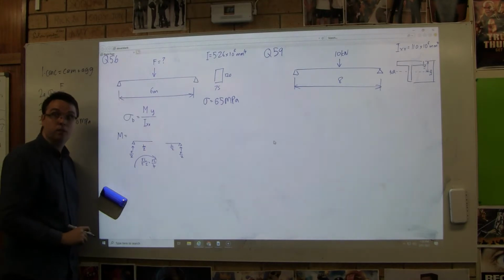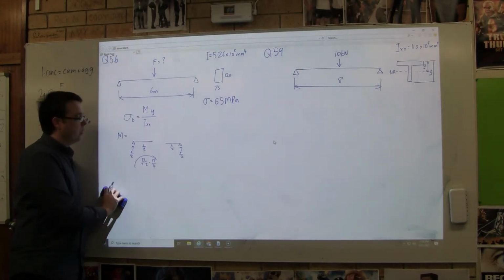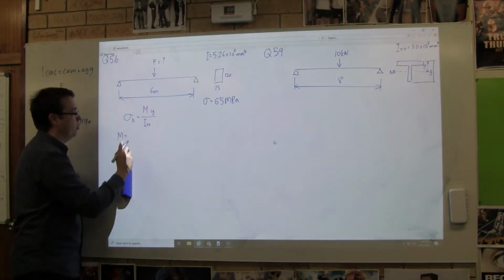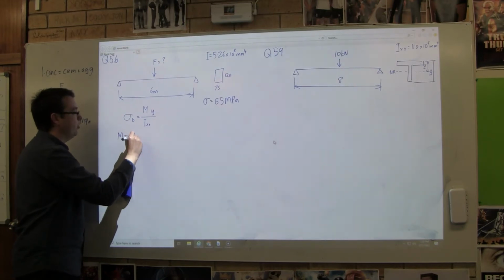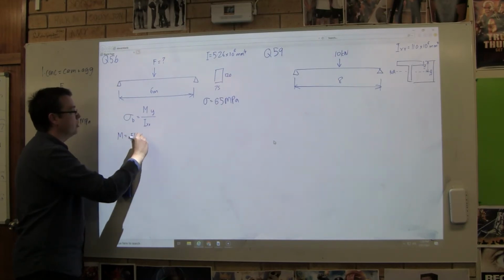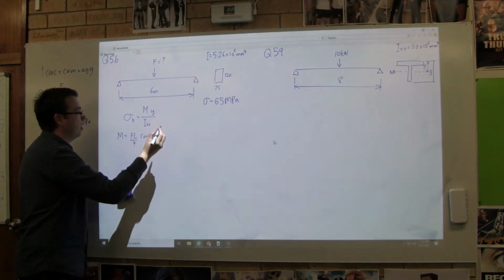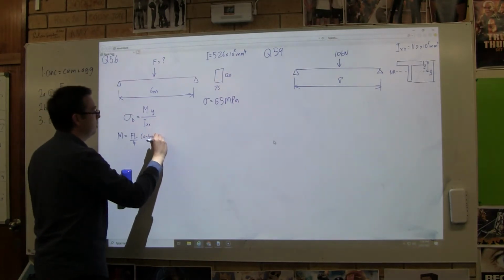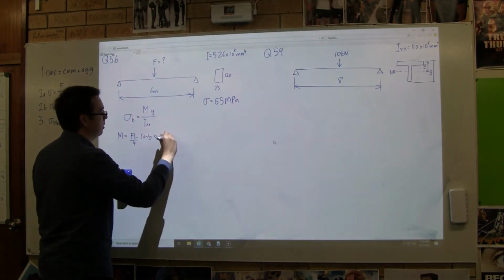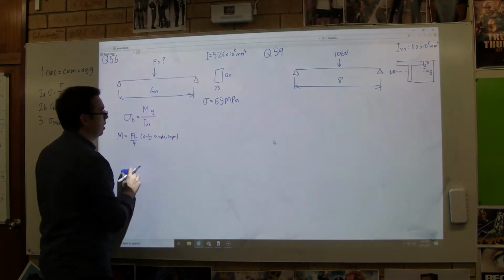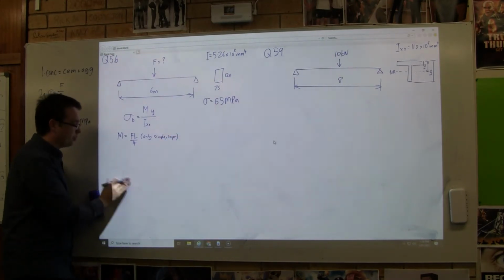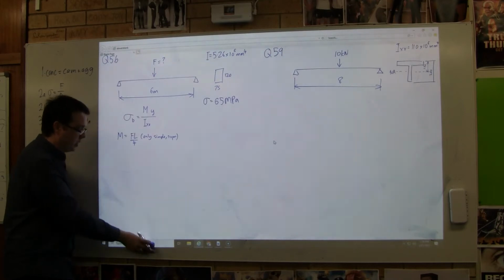That's the same thing, so I'm just going to use that formula for the moment. Now, FL on 4 only works if it's simple and symmetrical. So, that's how we're going to find the bending moment.